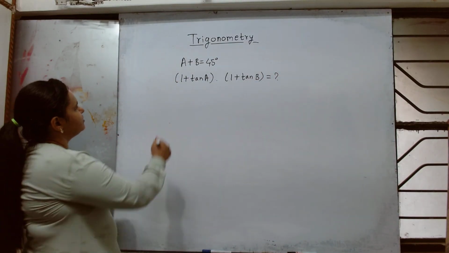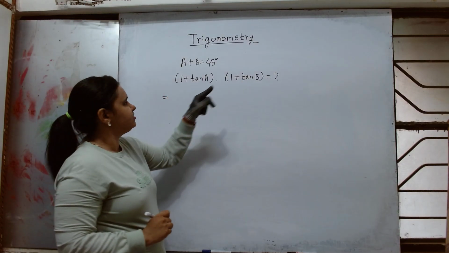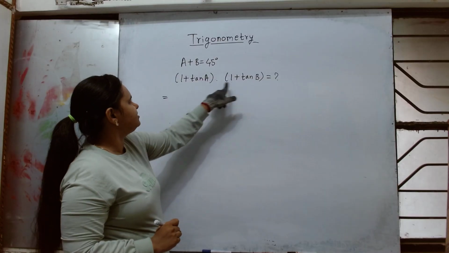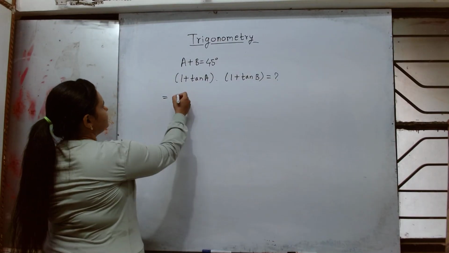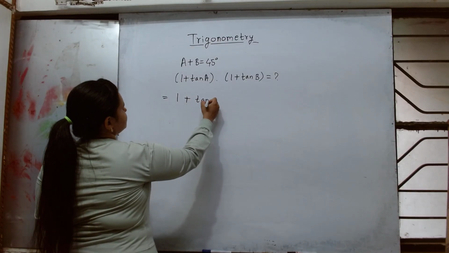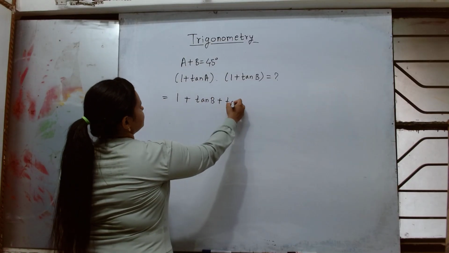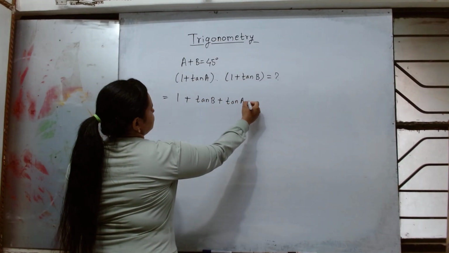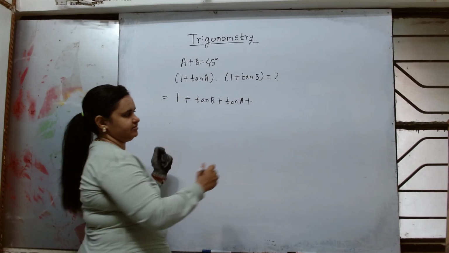So first we will multiply this bracket to this bracket. First term to first, then second term to first, second term to second. 1 multiplied by 1, plus 1 into tan b is tan b, plus tan a into 1 is tan a, then tan a into tan b is tan a tan b.